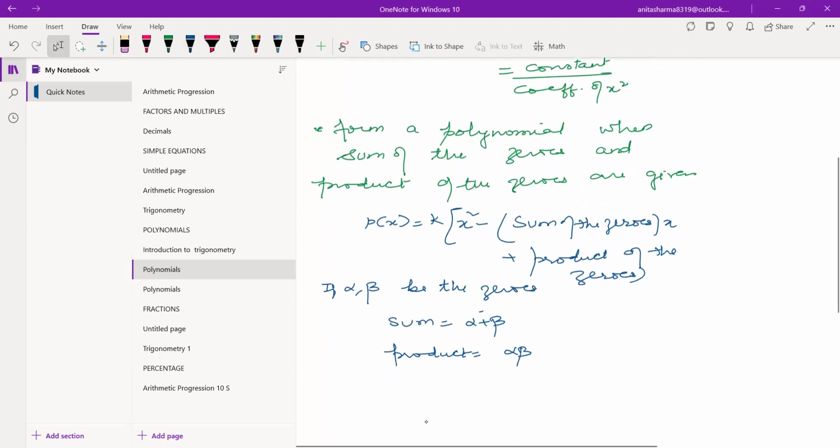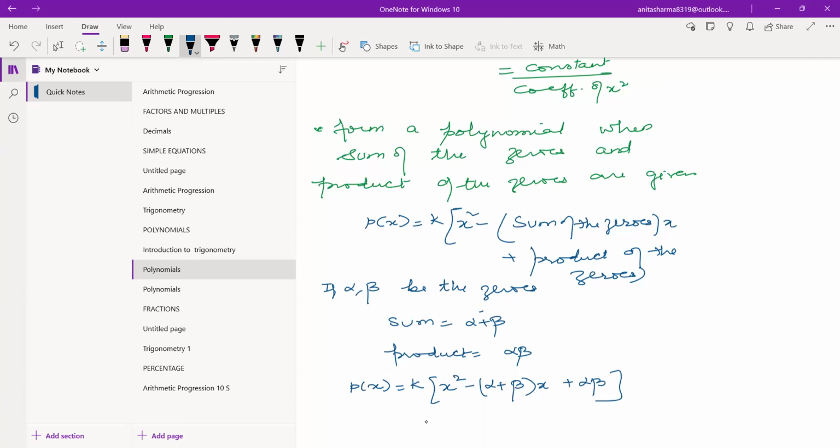So your polynomial can be written like this: k times x square minus alpha plus beta into x plus alpha beta. Understood this thing, children?